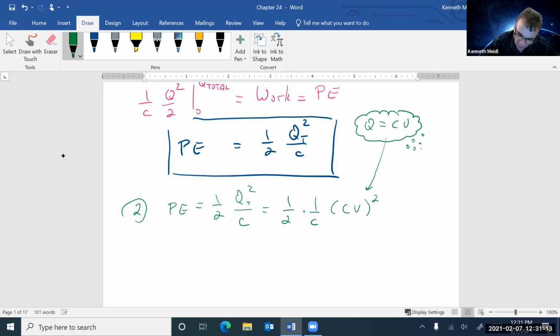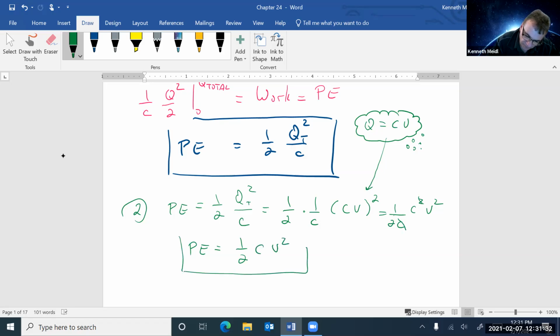When I do this here, I have a 1/2. I have a C down here. Now on the top, you get C squared V squared. And so I could write this potential energy as 1/2. It looks like that C cancels one of those. 1/2 C V squared. Very amazing, because you have seen energies before that look like this mathematically, functionally.